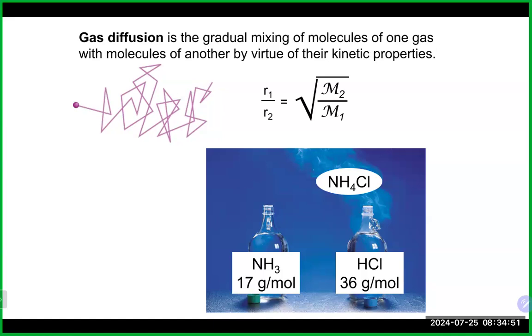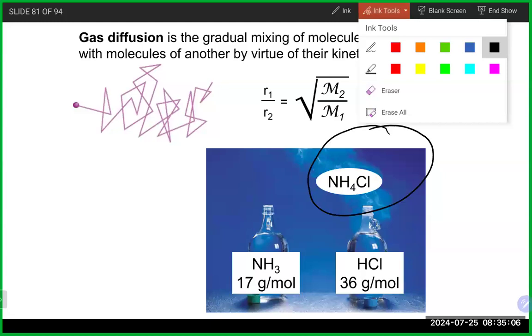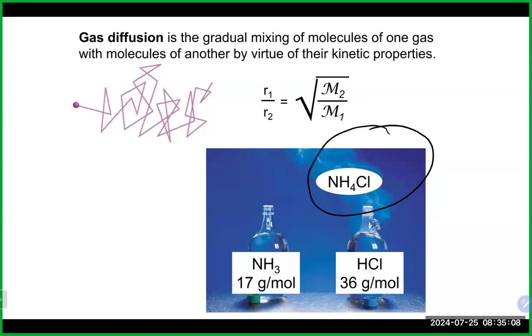And we see that they are mixing. If you open this up, the vapors of each of them are going to come out and start to mix. What we do see is that they're actually mixing much closer to the HCl bottle, right? We can see that these gases are basically coming together much closer to that HCl bottle.